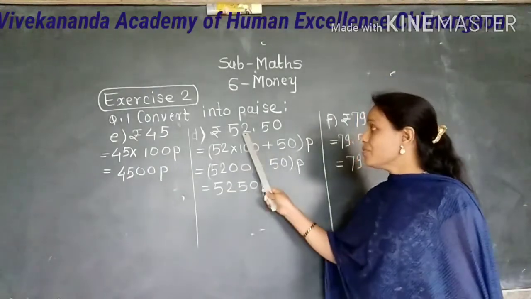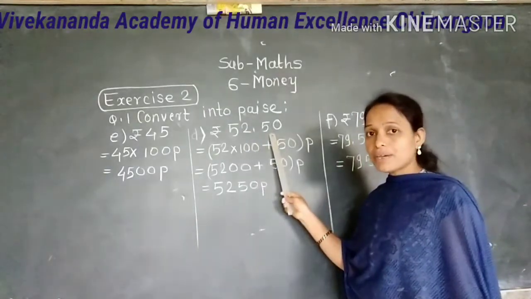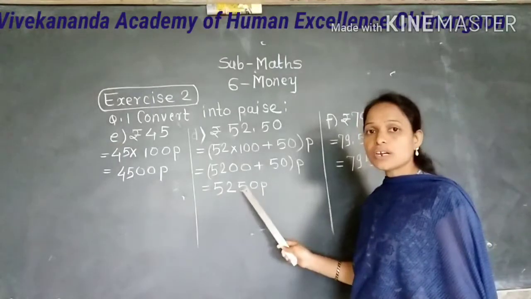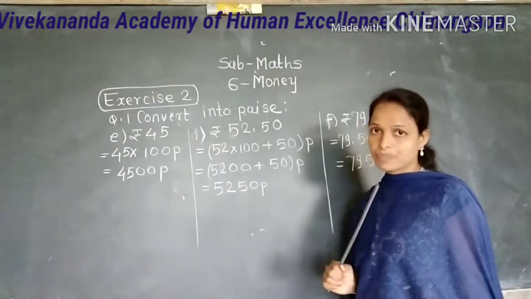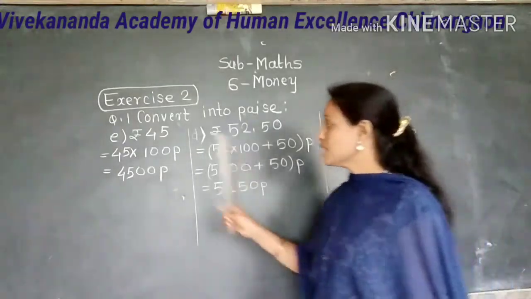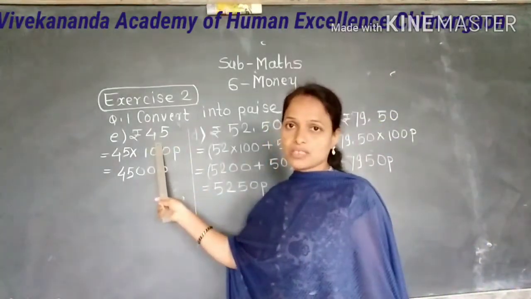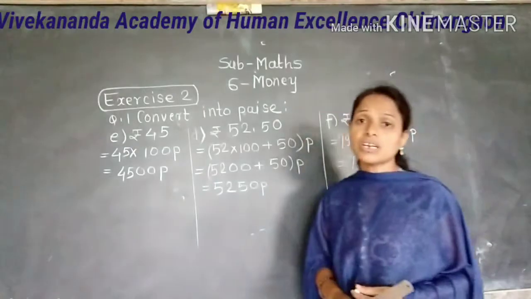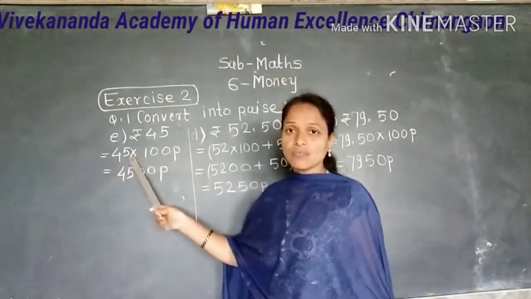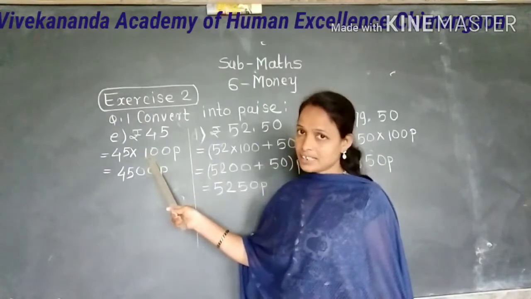In this way, 52 rupees 50 paise converted into paise, we get 5,250 paise. Understood? Next, E example, 45 rupees. So you have learned when we convert rupees into paise, multiply by 100. So here 45 multiplied by 100.